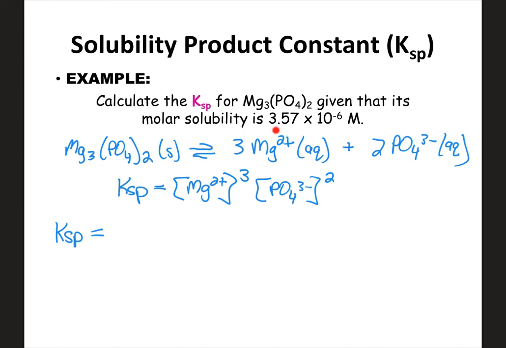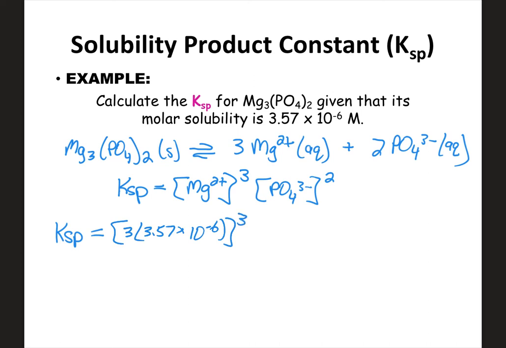The Mg2+ has got to be 3 times that amount. And since we know the concentration of the original compound, the concentration of the PO4 3- has to be 2 times that value. So we can plug this into our KSP expression. Our concentration of Mg2+ is going to be 3 times the solubility of the entire compound, but it still has to be cubed.